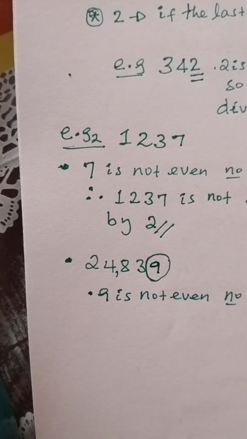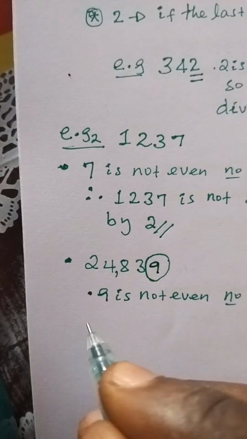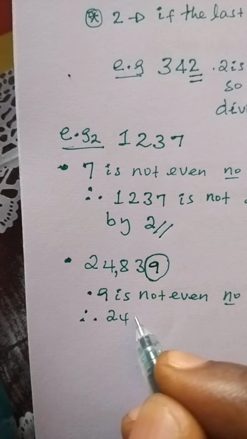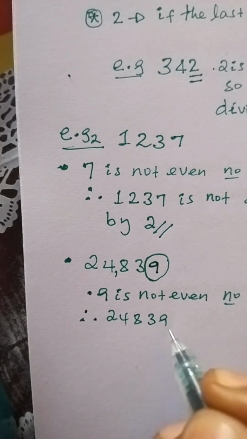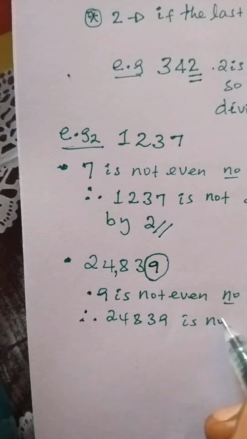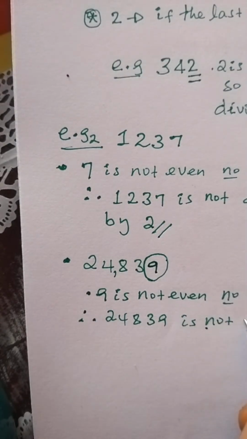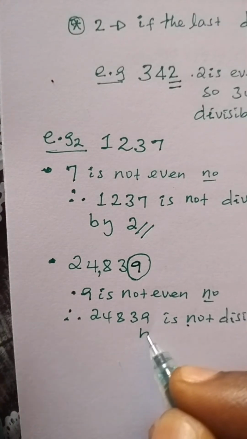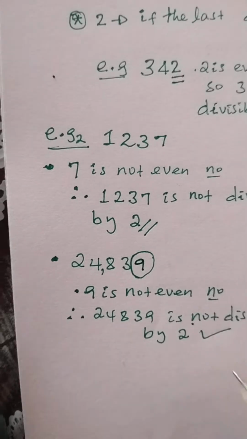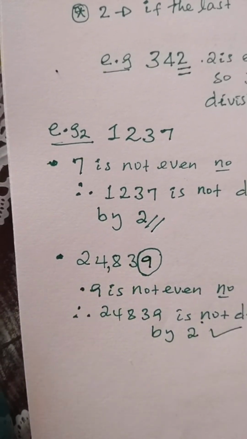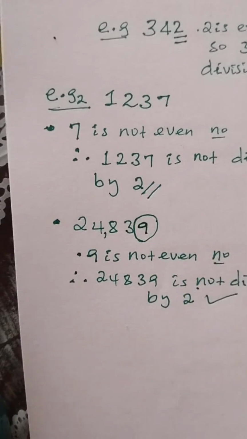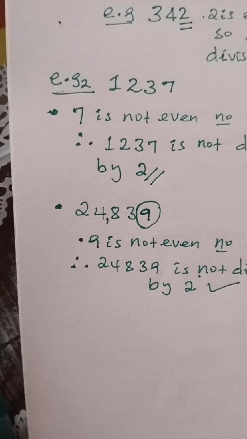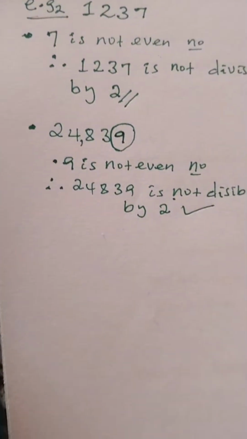Therefore 24,839 is not divisible by 2, because the last digit is not an even number.